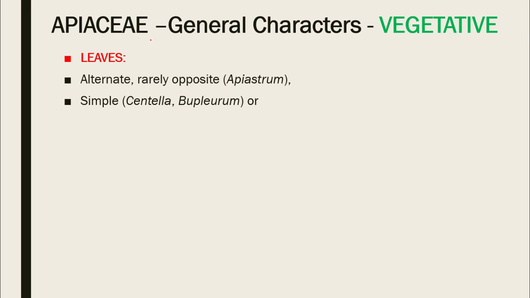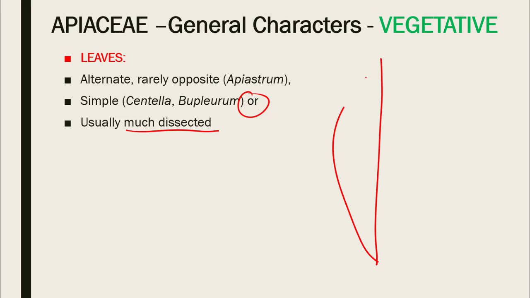As far as the structure of the leaf, whether it is simple or compound, mostly the leaves are simple. In Centella and Bupleurum, the leaves are simple. However, they can be much dissected. Now, by dissection, what do we mean? So this is, say, a leaf. Now it has a margin which is entire.